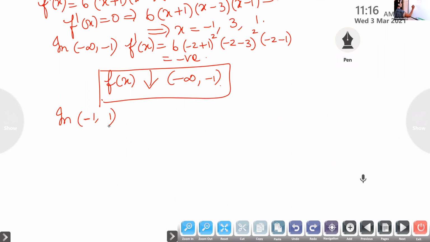So in the interval minus 1 to 1, what about f dash of x? Which value will we take here? 0. So 6 into 0 plus 1 the whole square, 0 minus 3 the whole square, into 0 minus 1.